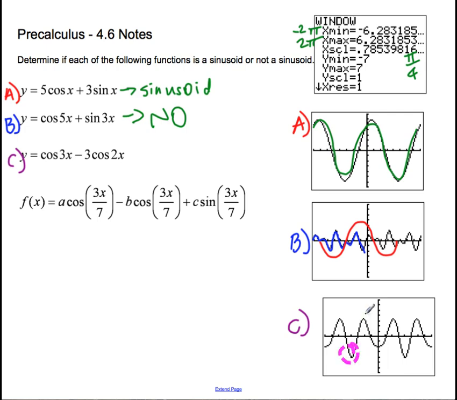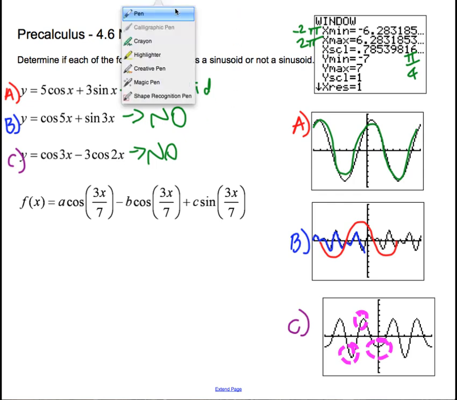It takes its time going up. It's got this real gentle curve in the middle. It's not consistent. It's not normal. It's not right as far as looking for a consistent period like part A. So this guy, for the same reasons that B doesn't work, also is a big fat no. He's not a sinusoid. He's not a normal sine curve graph.